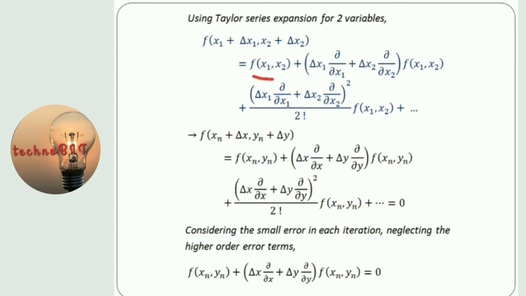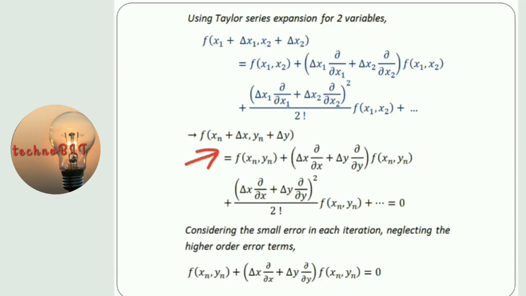The first term is the original function with x1 and x2, the second term has the error multiplied with the first derivative of the original function. Then the next term is again error and derivative, but this time with a square term, and so on, going to cube and power 4 terms. So we are using this Taylor series for our derivation.